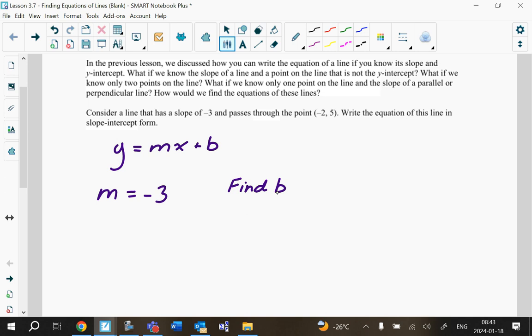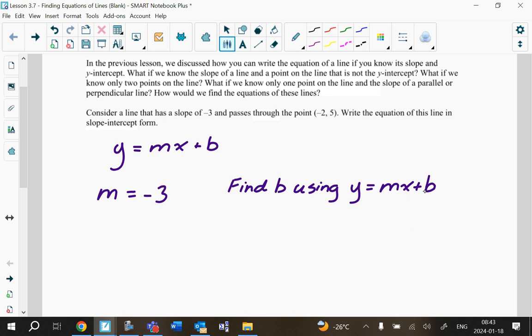And what do we use to find it? We use this formula. Because remember, I know the slope is -3, right? Remember I said x and y represent any point on the line? Isn't this a point? So couldn't I plug 5 in here, -2 in here, and then figure out what b is from that?